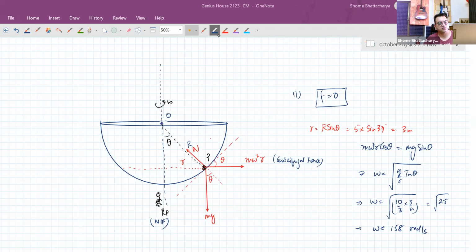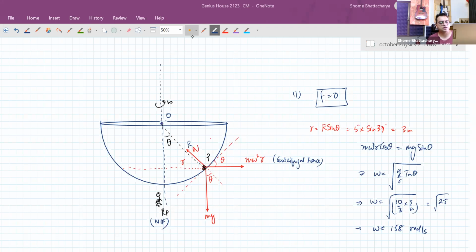Yes, that's correct, Mansi. In terms of capital R, that will be, okay. So that's the first part.